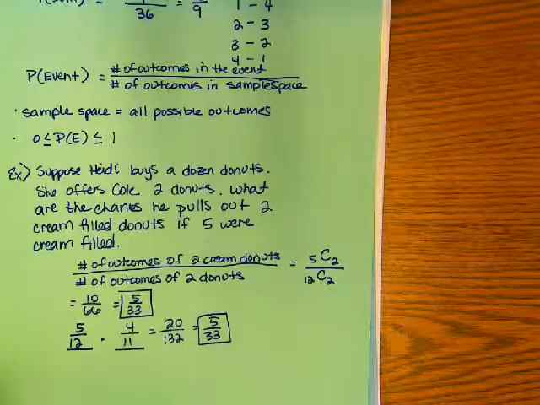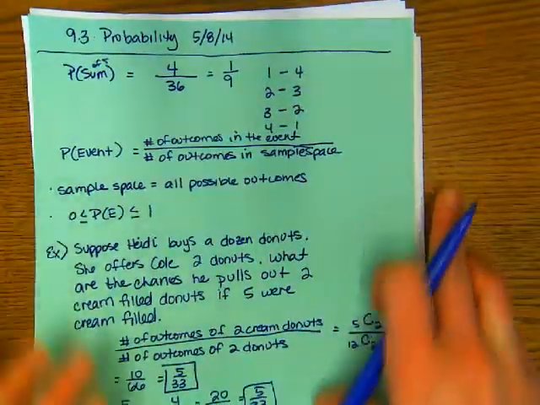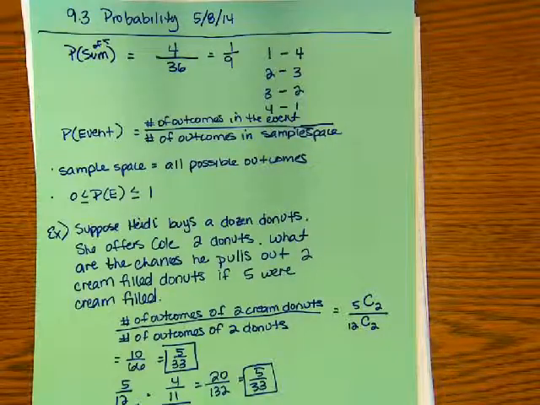Good. Okay. Then I'm going to show you one last way to display a probability distribution, and that is a Venn diagram.